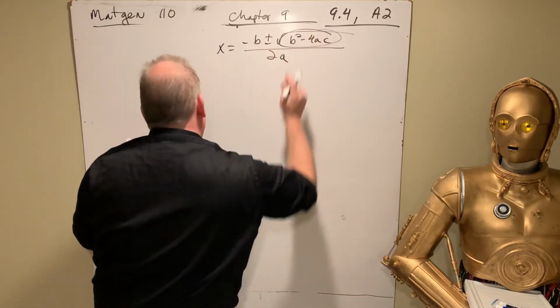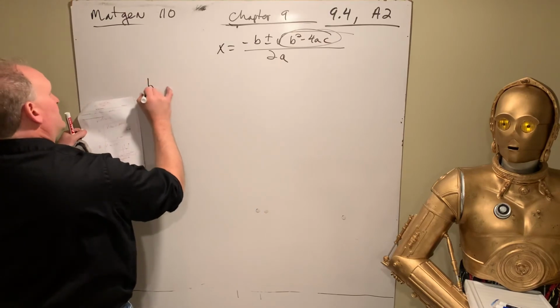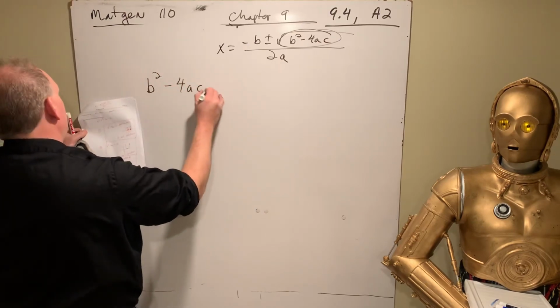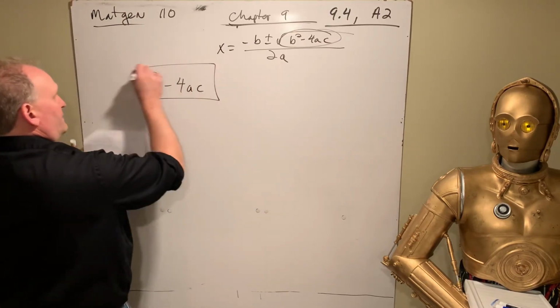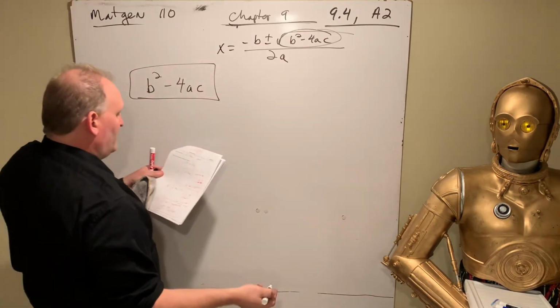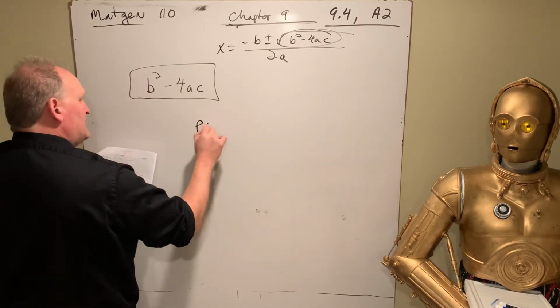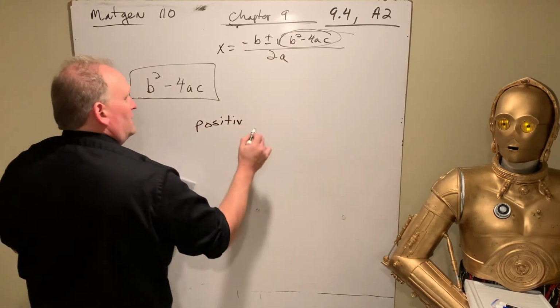And this thing right there is the discriminant. So it says the discriminant is b squared minus 4ac.